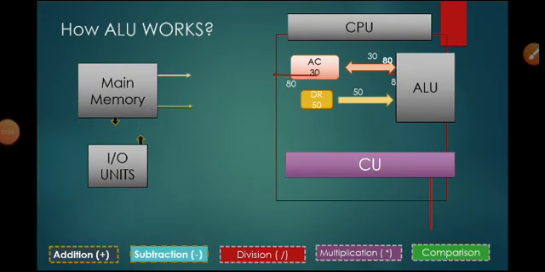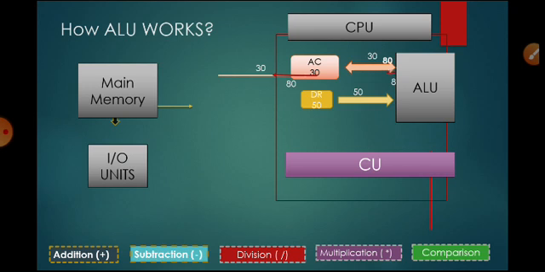First of all, data is coming from input and output unit. That data goes to the main memory. Then from main memory, the first number, that is 30, is sent to the CPU, and in CPU that 30 will be stored in the register named as AC.